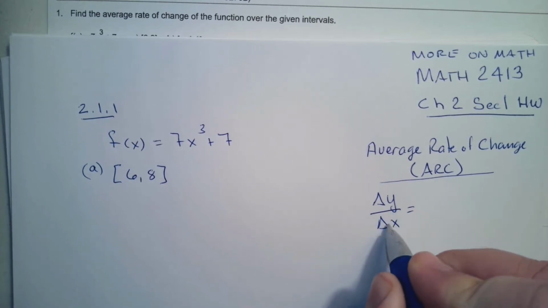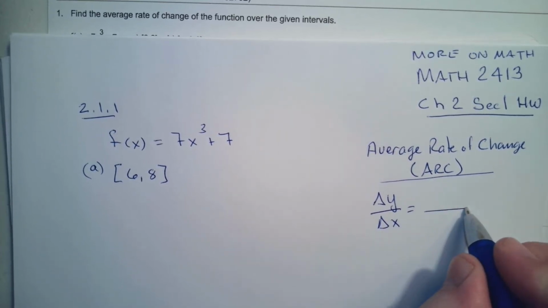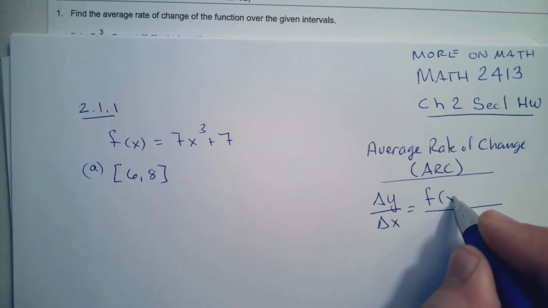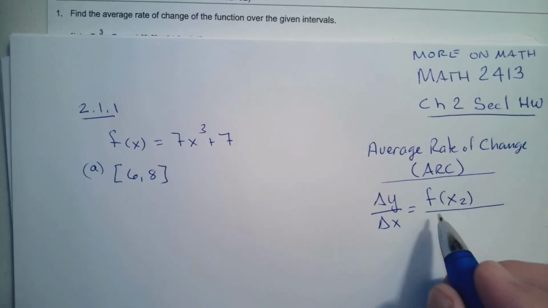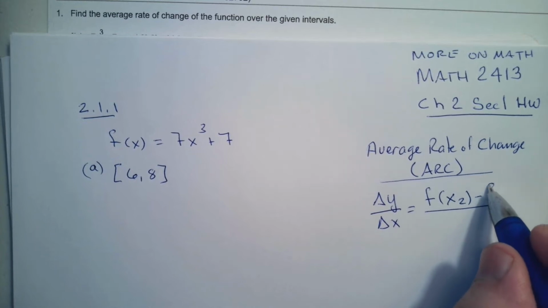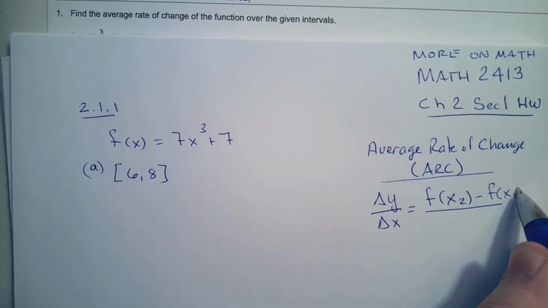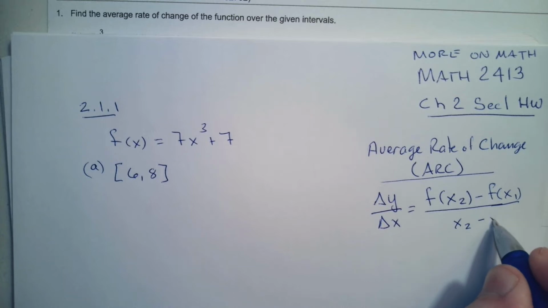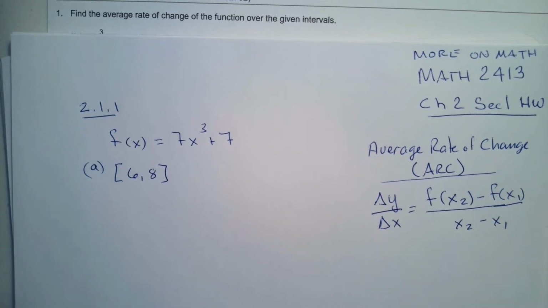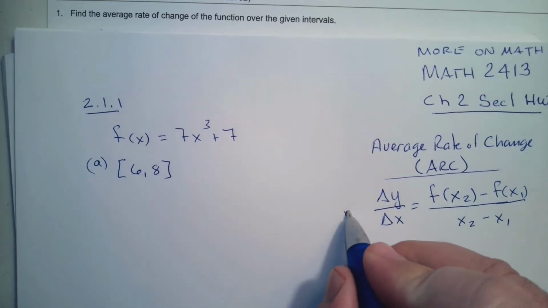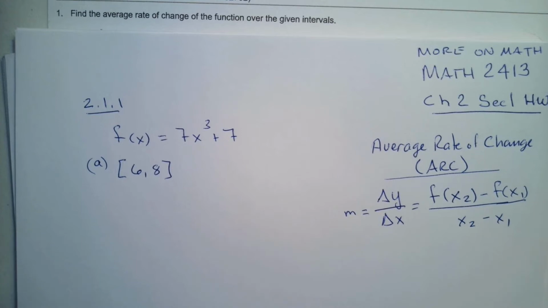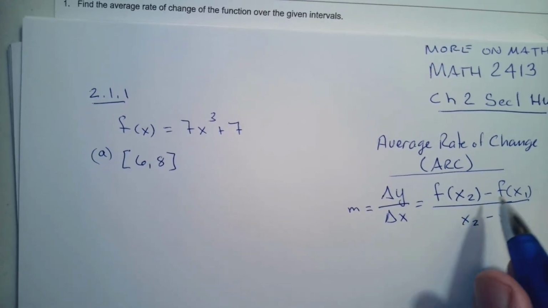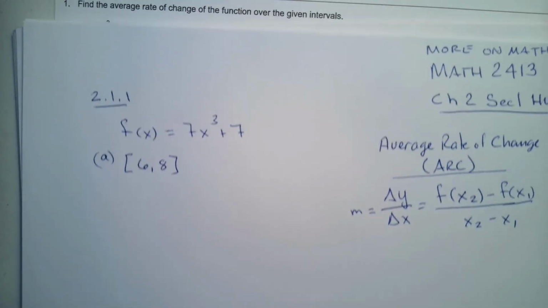So change of y over change of x. And change of y is the function at the second point minus the function at the first point, divided by the second x value minus the first x value. It's actually the same thing as slope. This is what we called the difference quotient in algebra.